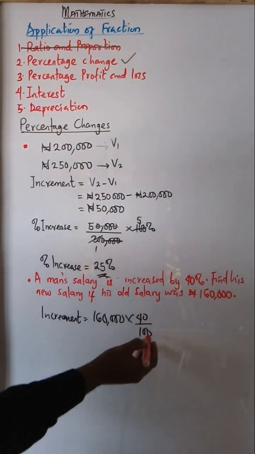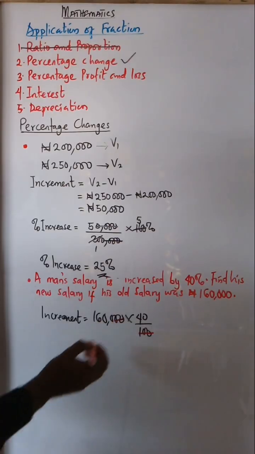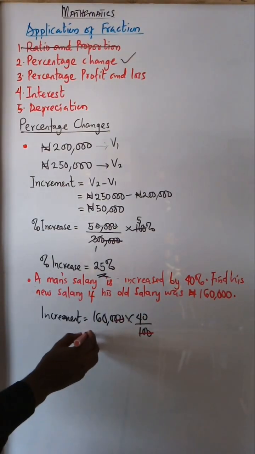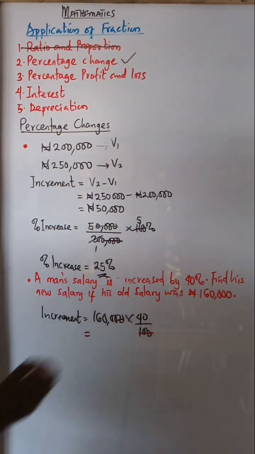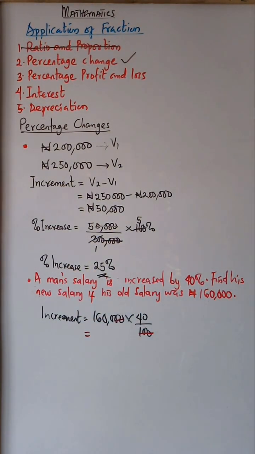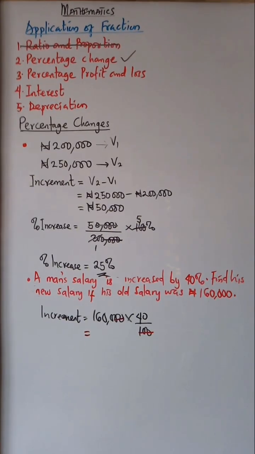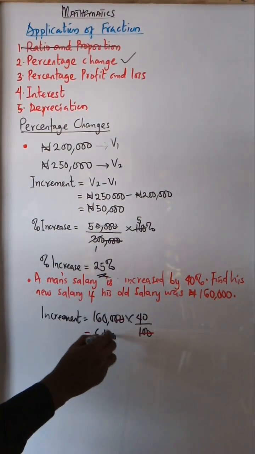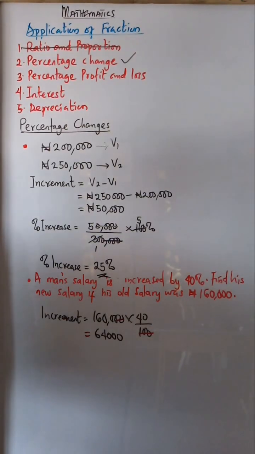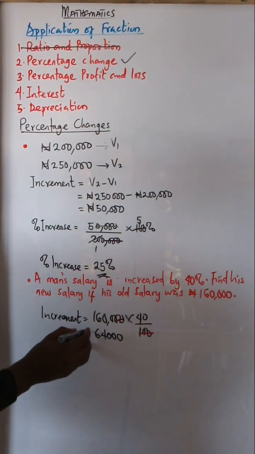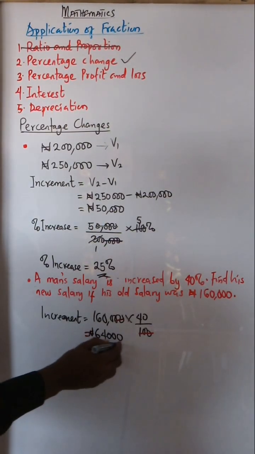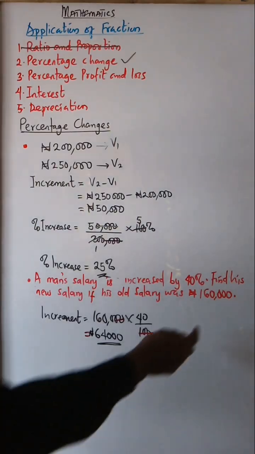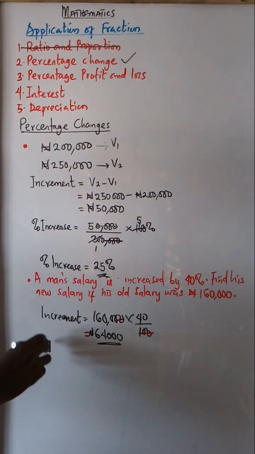So here, 2 zeros here cancels 2 zeros here. So this will give us 4 times 16 is 64. We have 2 zeros here, 1 zero making 3 zeros. 64,000. So this is the increment. So it means the salary has been increased by 64,000. So if the salary was 160, what will be the new salary?